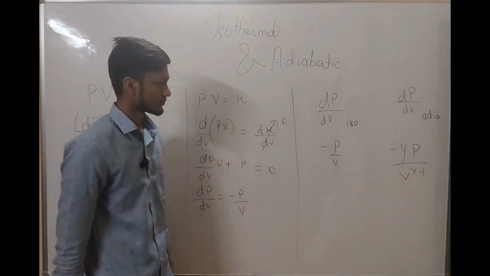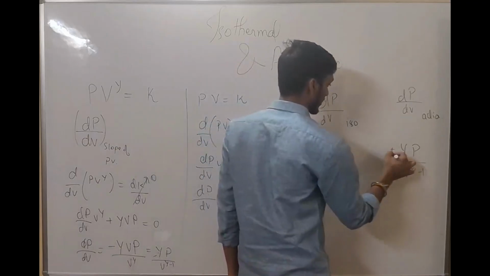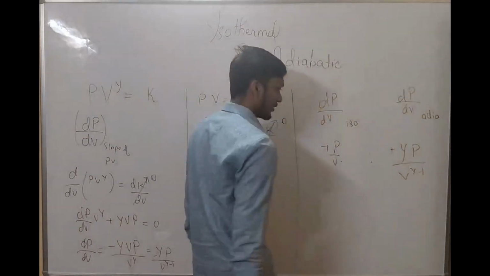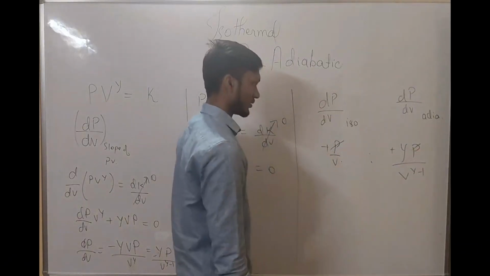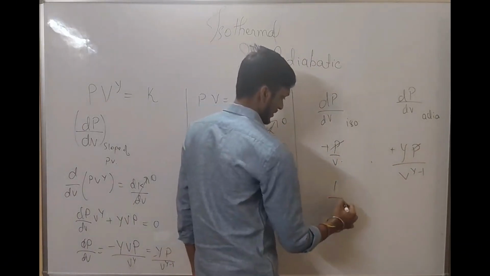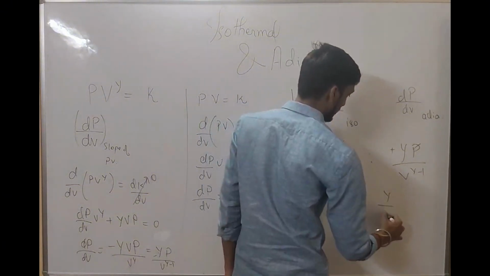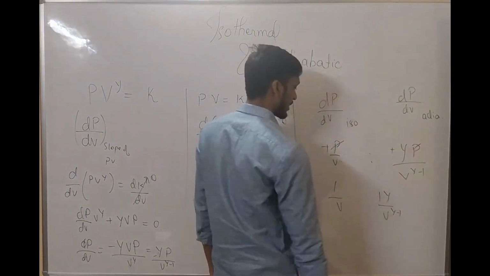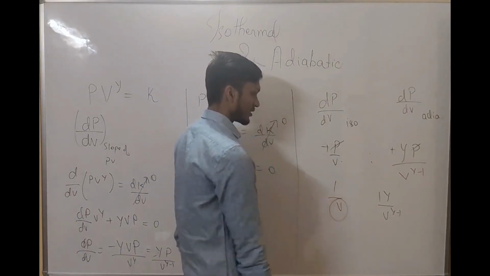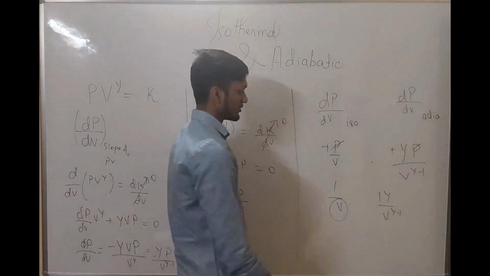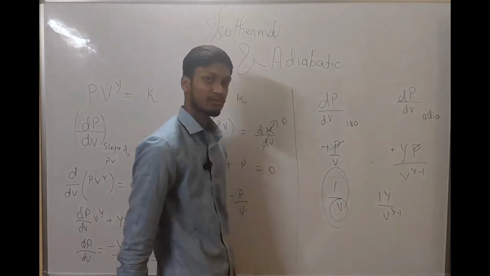First of all, the negatives cancel out. P is on both the equations. Let's analyze whether 1 by V is greater or gamma by V is greater. If the denominator is greater, the whole thing becomes smaller.